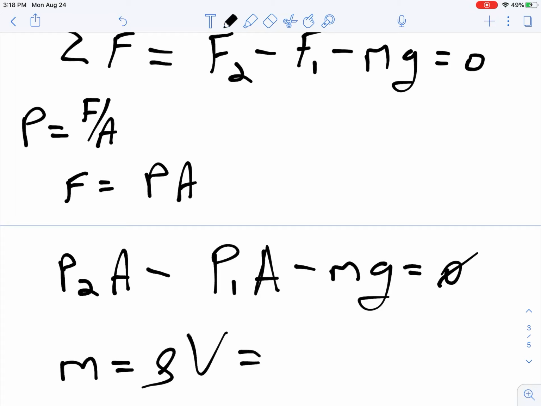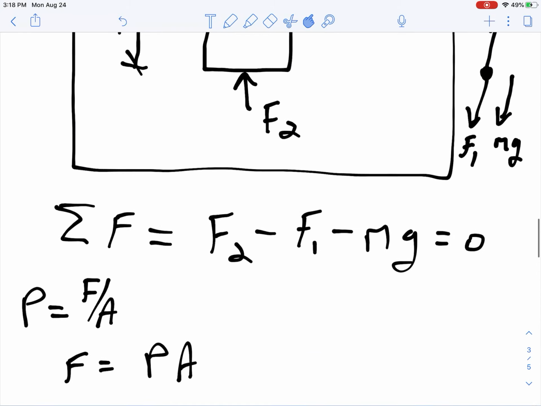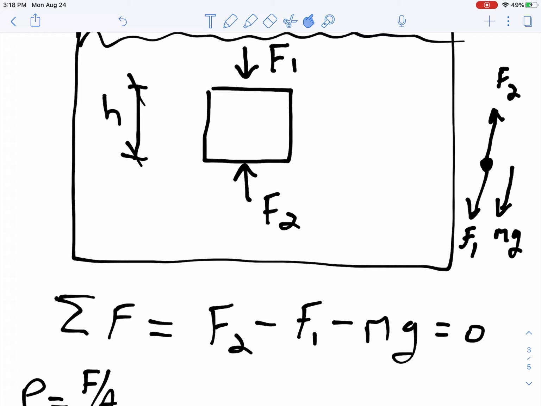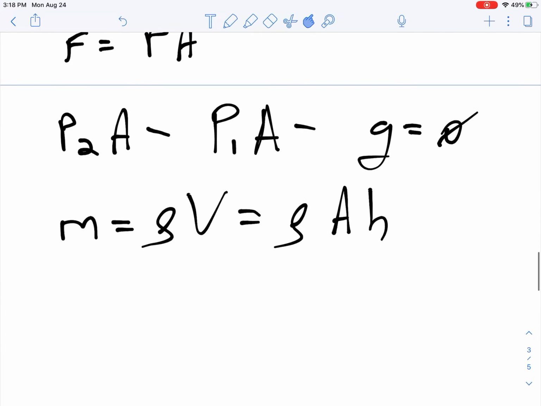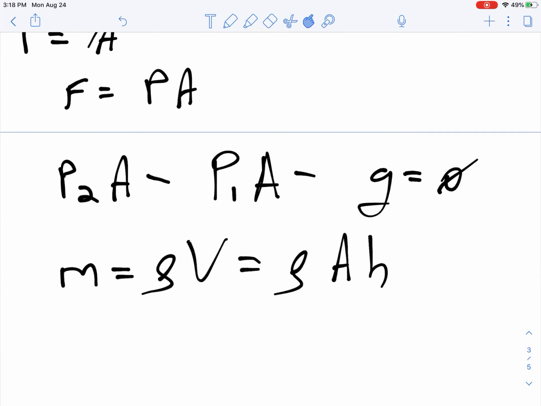Well, the volume is going to be the area of that side times h, right? If the side has an area A and a height h, then the volume is going to be A times h. The size of an area times that height gives you the entire volume. So our mass could be written rho A times h. The density of the material times the area of a side times the height.